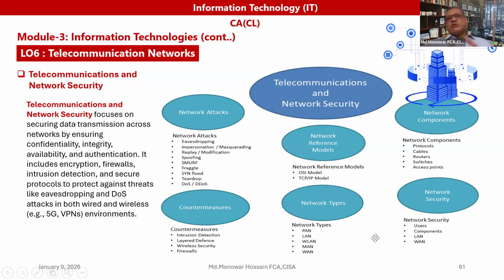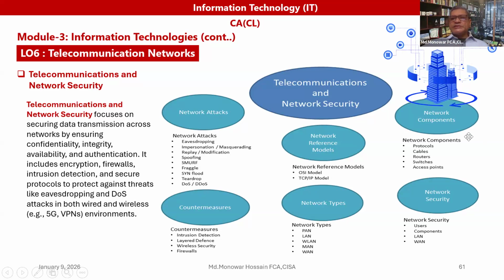So here is telecommunication and network security in a different way. Sometimes attacks occur through the network, and these types of network attacks can happen. The network refers to a model, using the OSI model or TCP/IP model.